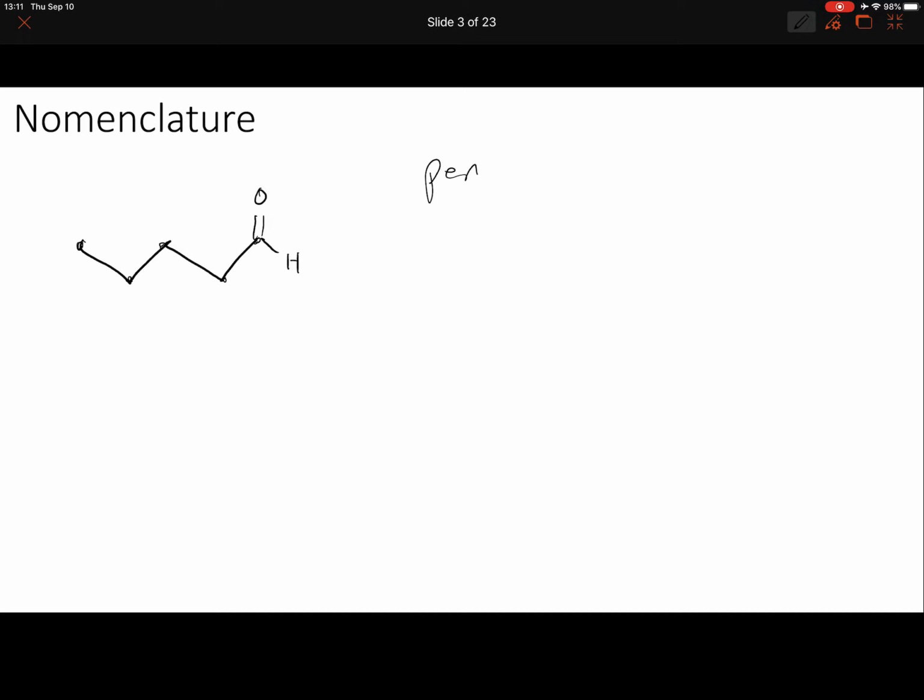So instead of pentane, we're going to lose the E on pentane and we're going to add Al. So it'd be pentanal. All of our aldehydes are going to end that way.